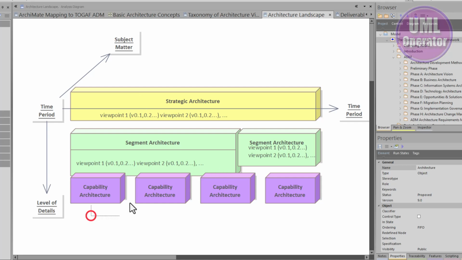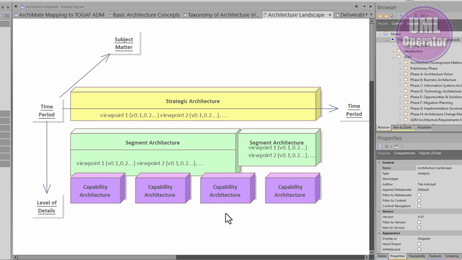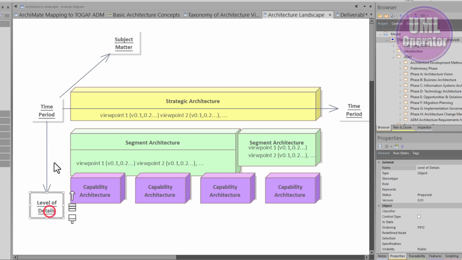So the project that we're going to be reporting on in the next part is taking a look at the capability architecture, the architecture building blocks as we're doing the solution building blocks to actually deliver the subject and the strategic architecture over a period of time at different levels of detail.